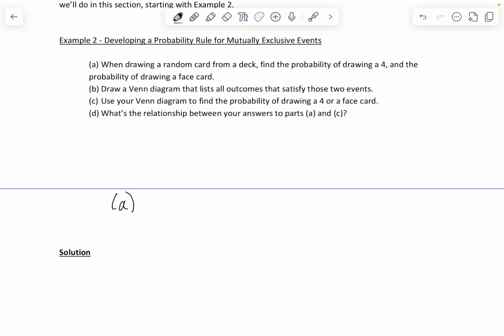There are 52 cards in the deck, and 4 of them are 4s, right? So the probability of drawing a 4 is 4 out of 52, which reduces down to 1 out of 13. There are 12 face cards, 4 each of jacks, queens, and kings.